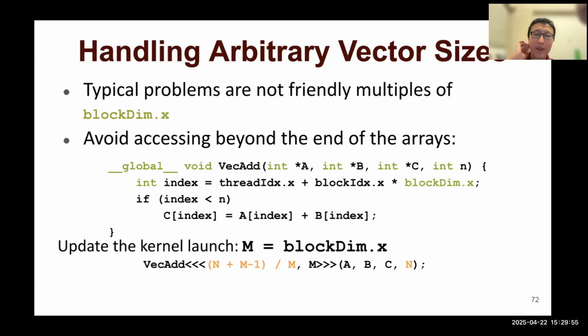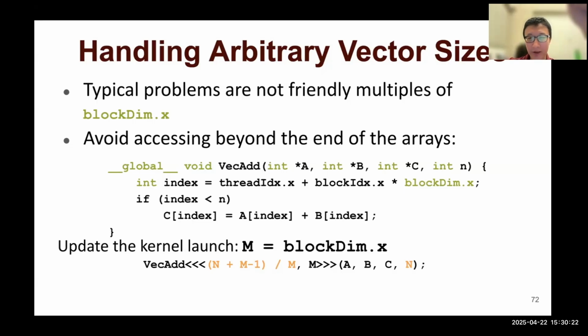I'll talk about that later. Then you cannot easily, wholly divide 501 by 32, right? So there are always some extra items left. How do you deal with those extra items so that you can make sure all your elements could be handled by your threads and blocks?